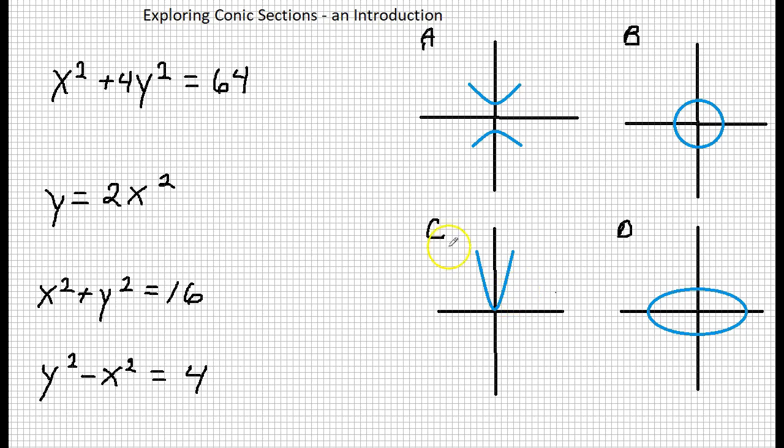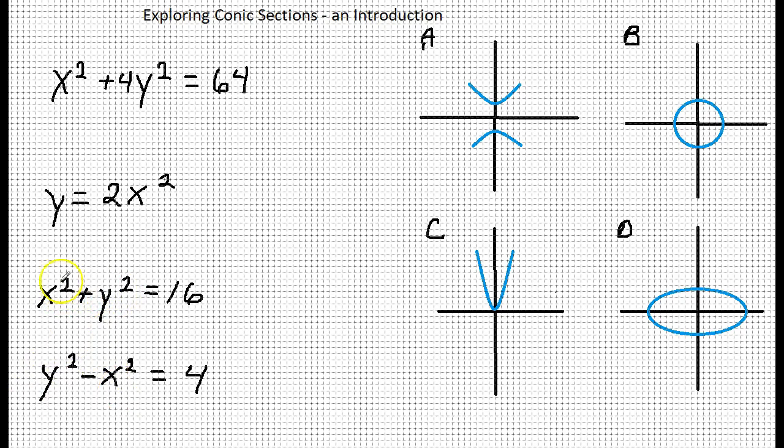If we look at our choices for equations, we know that when we had one squared variable, this one is a lot like a parabola we have graphed before. You notice this has two squared variables, x squared and y squared, so that's not a parabola because we didn't graph anything like that before.